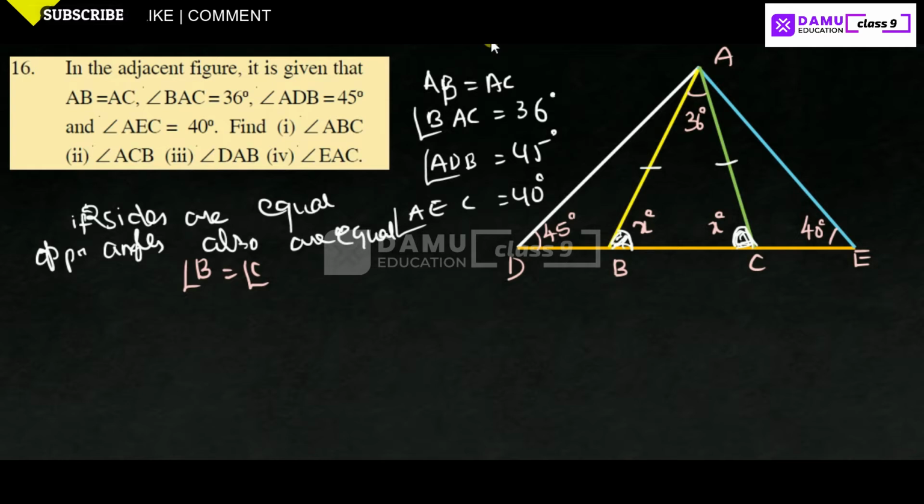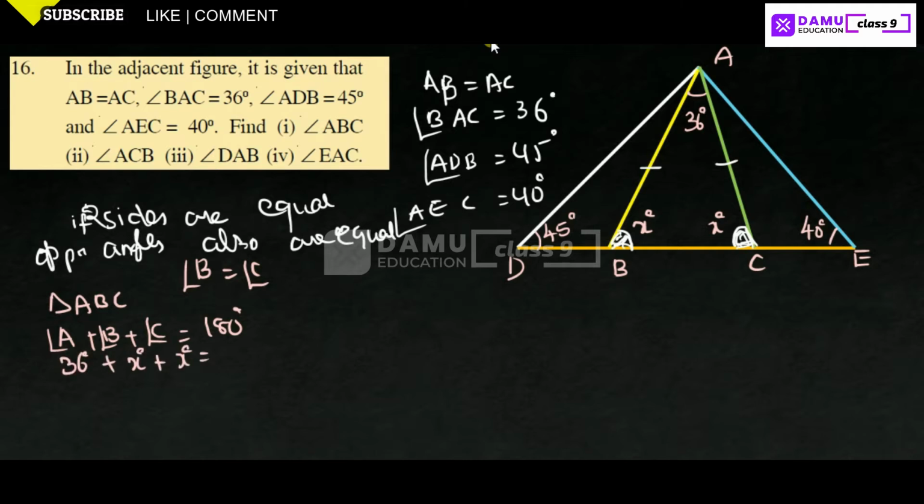From angle sum property, in triangle ABC, angle A plus angle B plus angle C will be equal to 180 degrees. So here angle A is equal to 36 degrees, plus angle B is x degrees, angle C is x degrees, that will be equal to 180 degrees. So 36 degrees plus 2x degrees will be equal to 180 degrees.